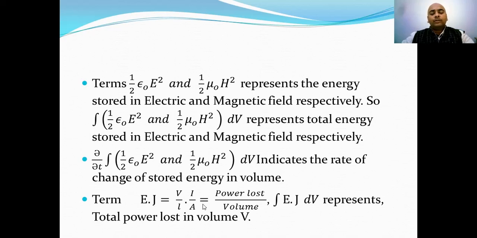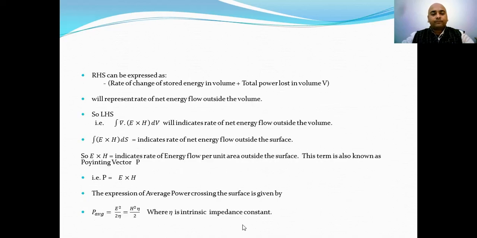So E dot J is basically VI, which is power lost divided by volume. So the third term, which is the integral of E dot J over volume V, represents the total power lost in volume V.